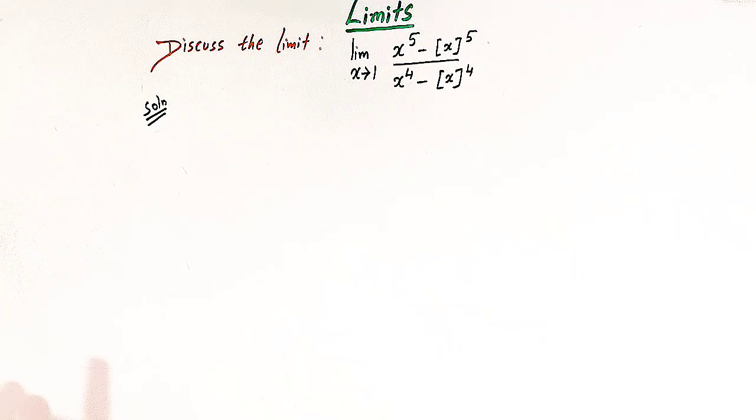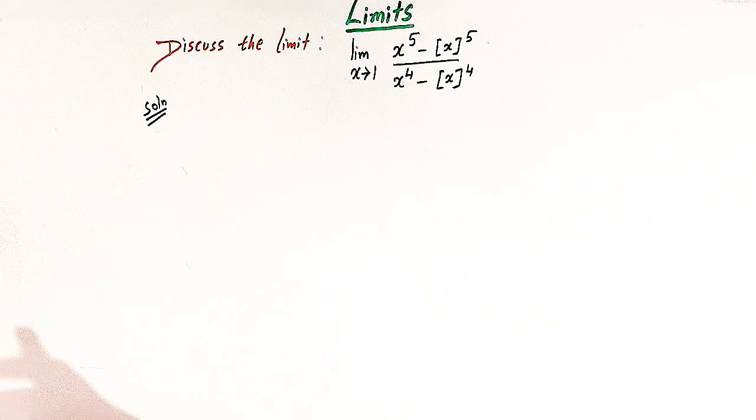For the existence of the limit of a function, we have to separately find the right hand limit and the left hand limit. We see whether the right hand limit exists and is finite.